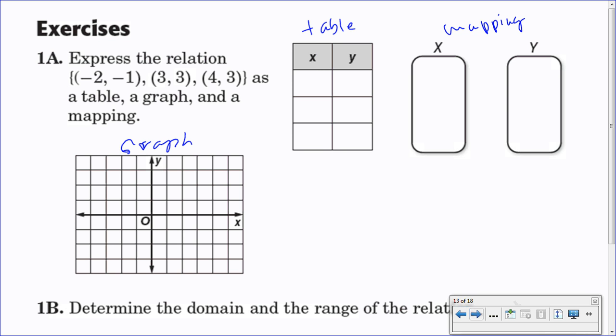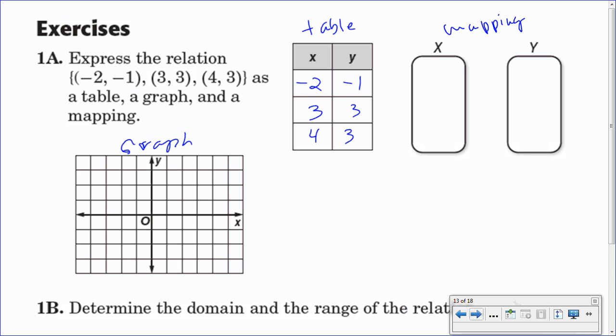Okay, so we're going to express a relation: a set of 3 ordered pairs represented as a table, graph, and a mapping. So what goes here? -2, -1. 3, 4. 3. So easy, isn't it?